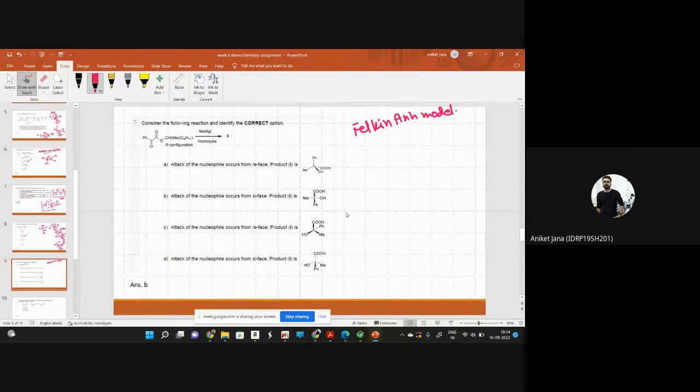Okay, so let's draw what is given in the question. A configuration is already given there. It is R configuration.